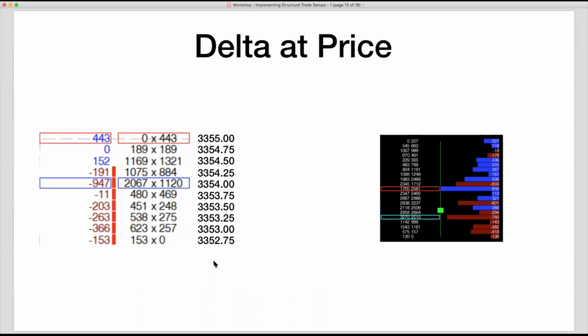On the left-hand side, the outlined rectangles are highlighting the largest positive delta, in red, and the largest negative delta, in blue. I'm doing the same thing in the candlestick on the right. So why am I doing this? Well, let's think about what these things tell us, and more importantly, what delta tells us based on where price is relative to delta.